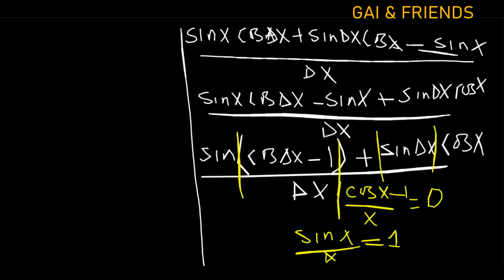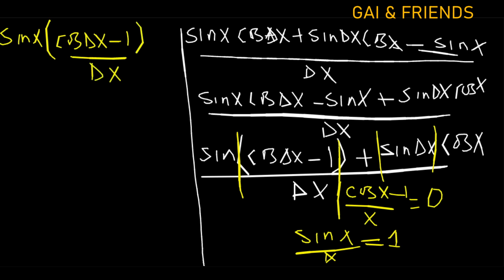So we are going to write our function as sine x times cos delta x minus 1 divided by delta x, plus sine delta x over delta x, then you multiply the whole thing by cos x.